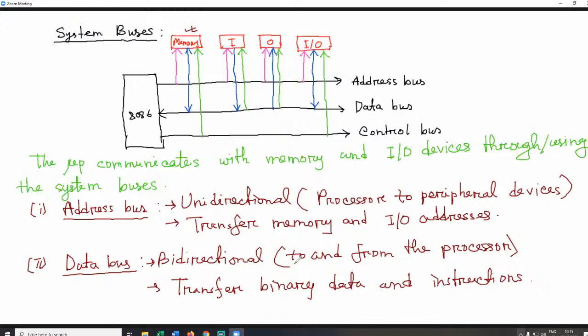So it transfers binary data as well as instructions. Okay, what is the last one? The last one is the control bus. So the control bus, number 3.